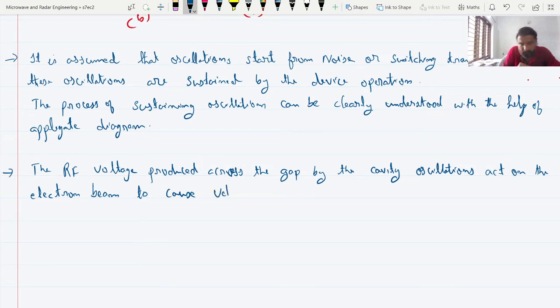I explained this in yesterday's class. The RF voltage produced across the gap by the cavity oscillation acts on the electron beam to cause velocity modulation. So this is the case.